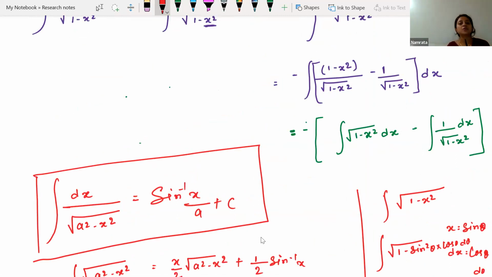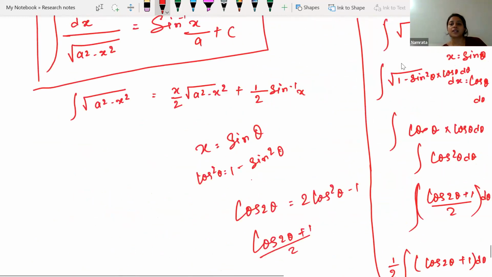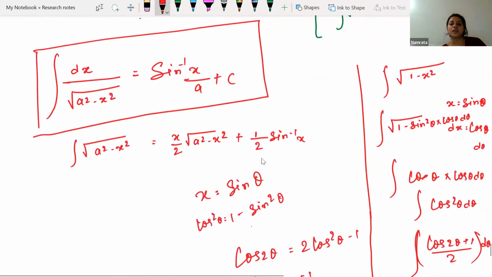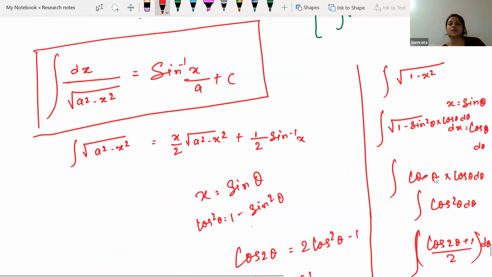The first one is there in your book, I can see. That is dx by under root a square minus x square is sine inverse x by a plus c. This formula is there. However, I was not getting the other formula in your book. That's why this much of calculation I needed to do. So let's put the values. Okay, the green one. Can you see it over here? The green one and the other green one. I am going to put the values over here.